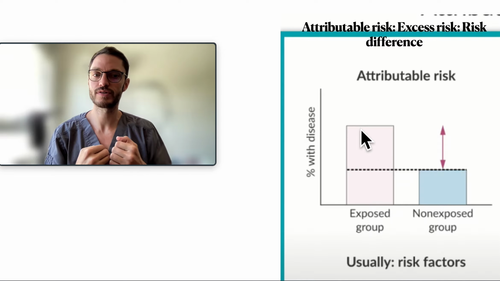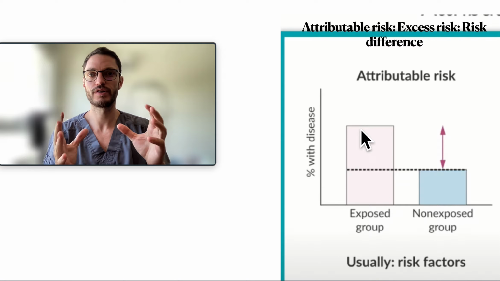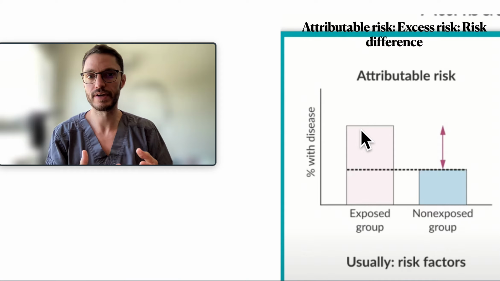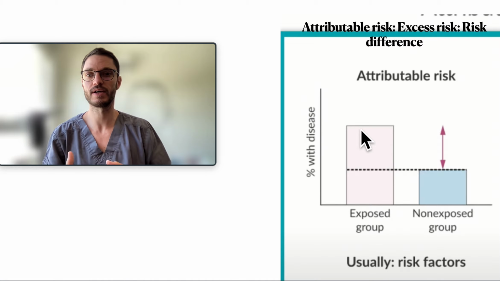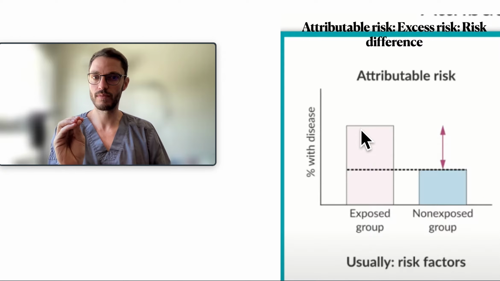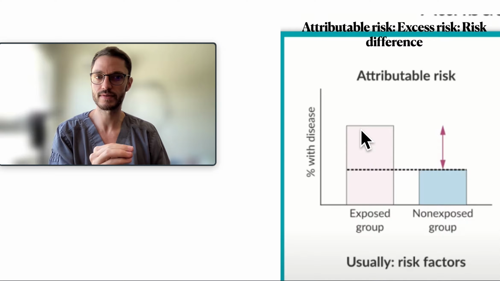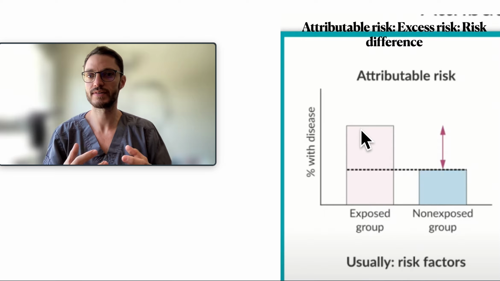So now, understanding that, let's use this same graph to understand attributable risk. Attributable risk has different synonyms you might read in the literature, and this will help us understand it, because attributable risk is the same as saying excess risk, or the same as saying risk difference.